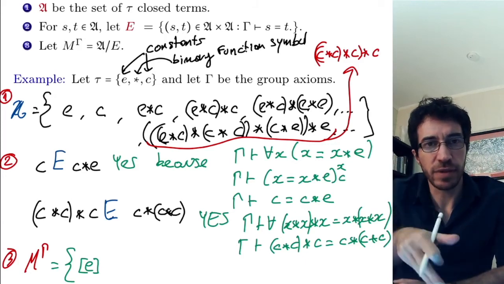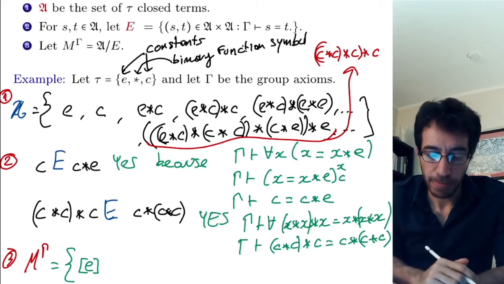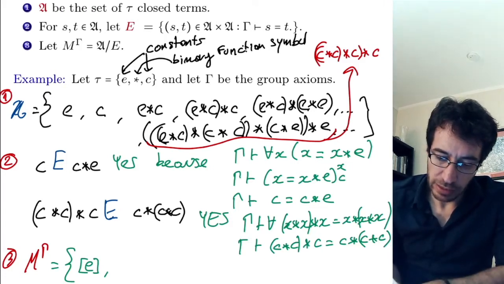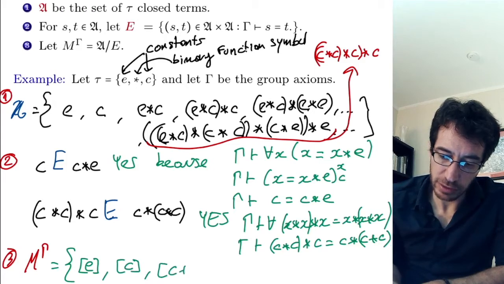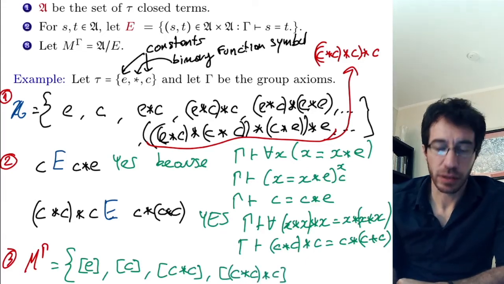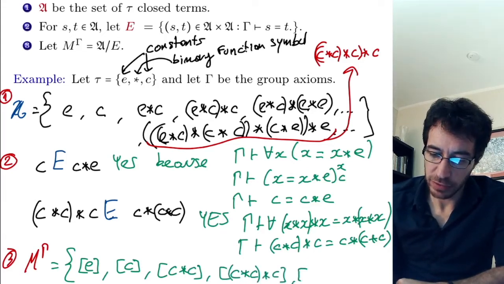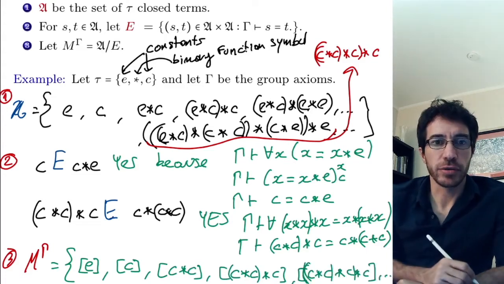This means a set of everything that is equivalent according to E. And then you have the equivalence class of C, and then of C star C, and then of the term C star C star C, and then C star C, and so on and so forth, right?